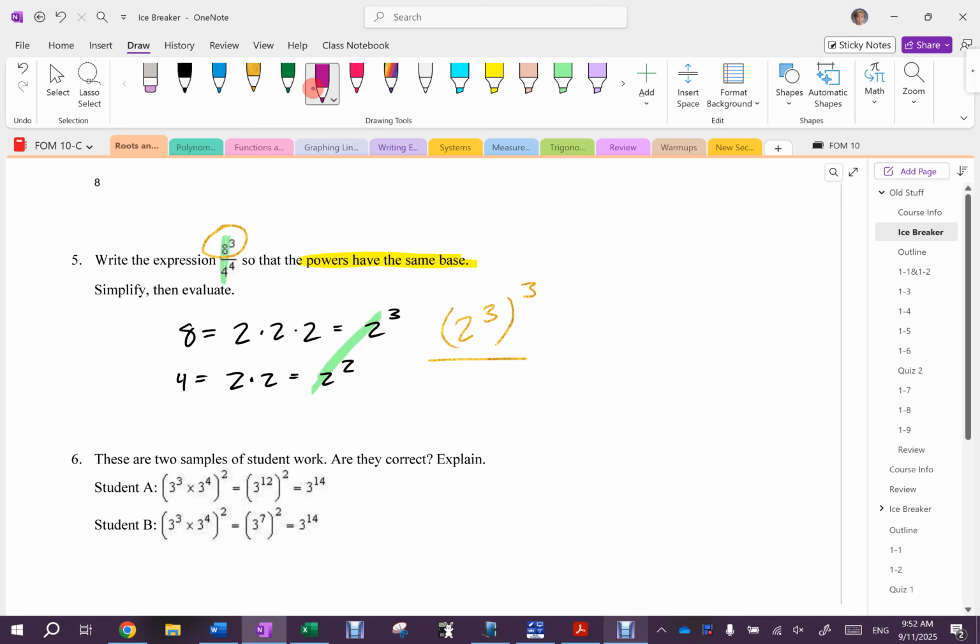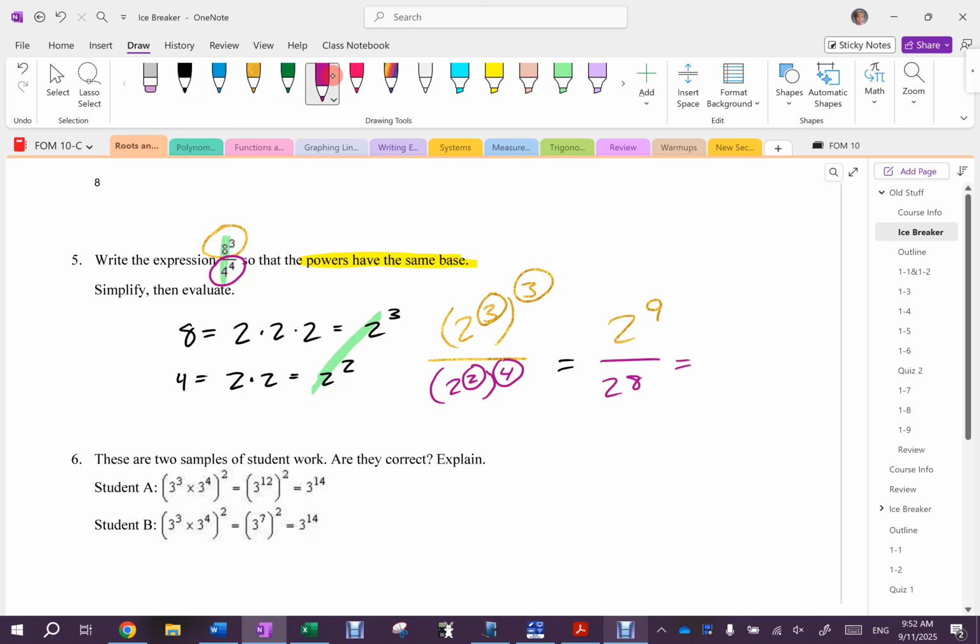The bottom one is 2 squared because that's 4 to the fourth power, which means the top is 2 to the ninth power because there are 3 groups of 3, and the denominator is 2 to the eighth power because there are 4 groups of 2.